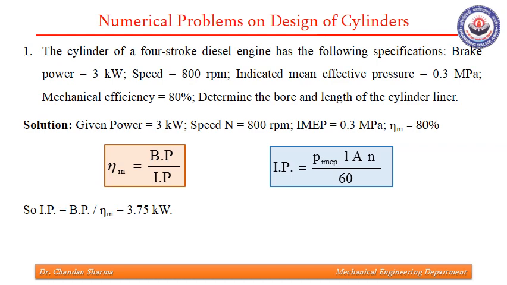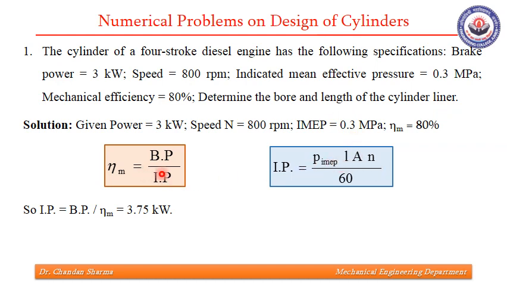In this question, we have been given brake power as 3 kilowatt, speed as 800 rpm, IMEP (indicated mean effective pressure) as 0.3 megapascal, and mechanical efficiency as 80%, and we are supposed to find bore and length of cylinder liner.